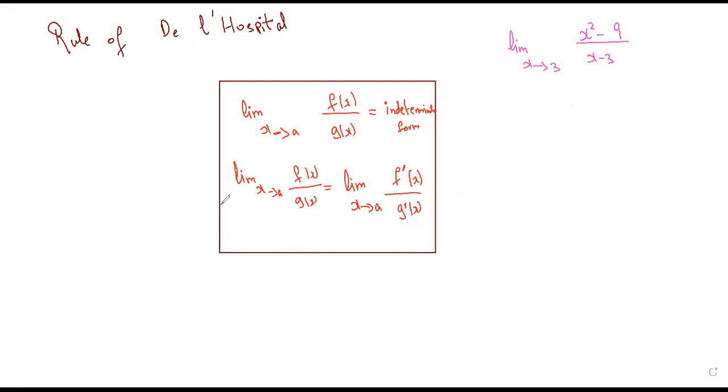Also, it could be that once we are differentiating the numerator and denominator, still that doesn't work. Okay, it could be like that as well. So you will differentiate that again. You will keep on differentiating that until and unless you get a proper answer, an answer that is not in the indeterminate form. Okay, this is what I want you to understand.